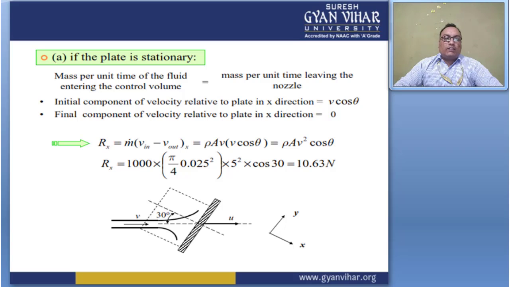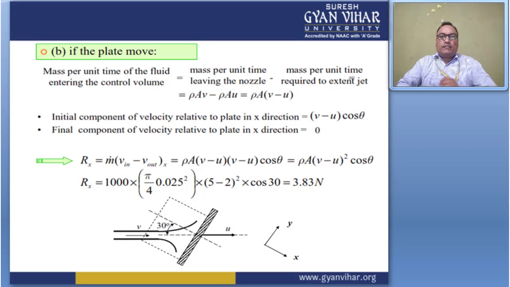This gives Rx equal to m dot (V in minus V out) in x, equal to rho A v v cos theta, equal to rho A v squared cos theta. So Rx equals 1000 times pi by 4 times 0.025 squared times 5 squared times cos 30, equal to 10.63 Newton. So this is the reaction force created on this plate.